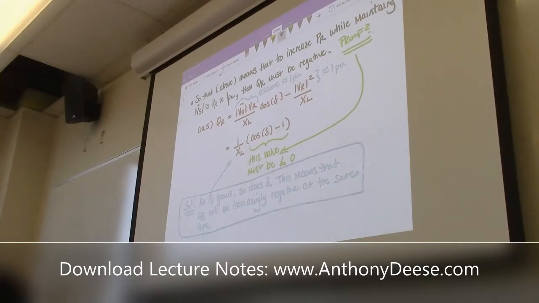As PR grows, so does theta. As theta grows, cosine of theta goes down, and that term that's inside the parentheses gets larger and larger, or gets more and more negative.